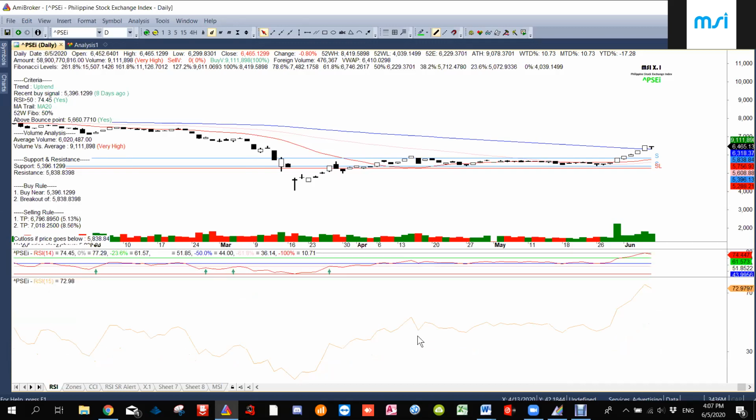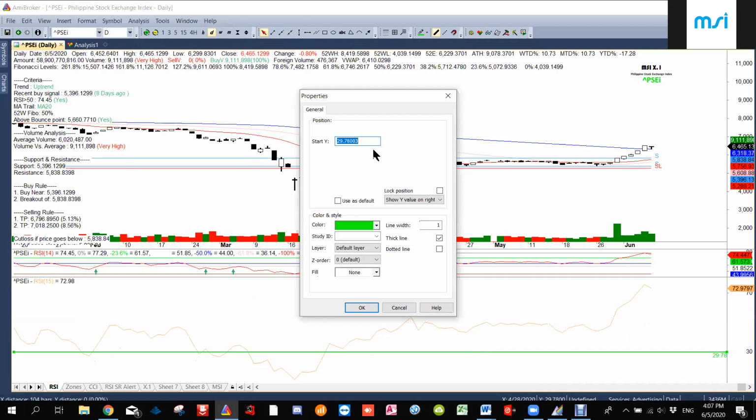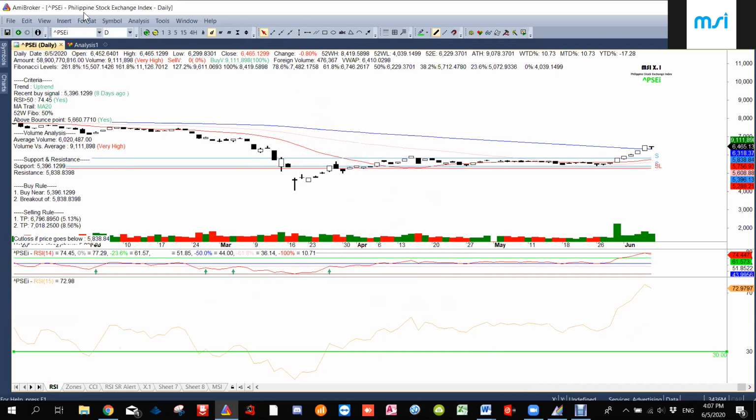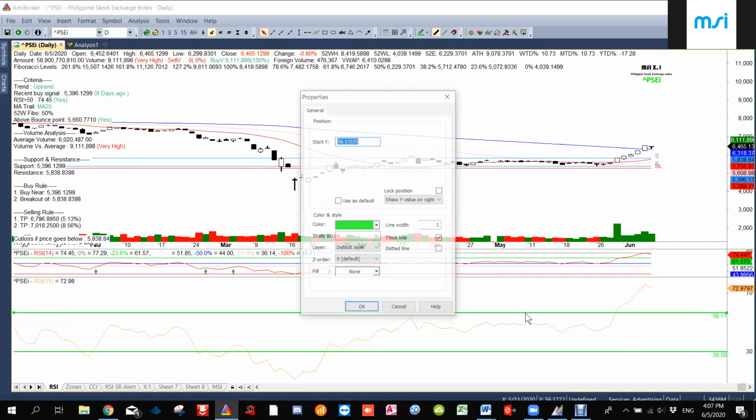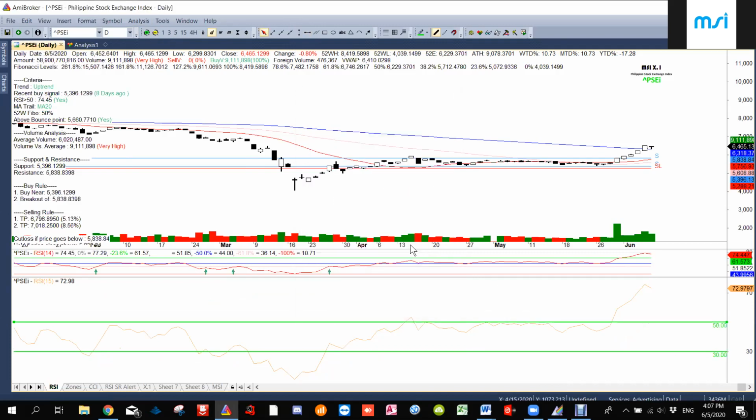Okay. So makikita nyo dito sa chart natin, this is your RSI. Meron siyang 3 lines, 30, 50 and 70.